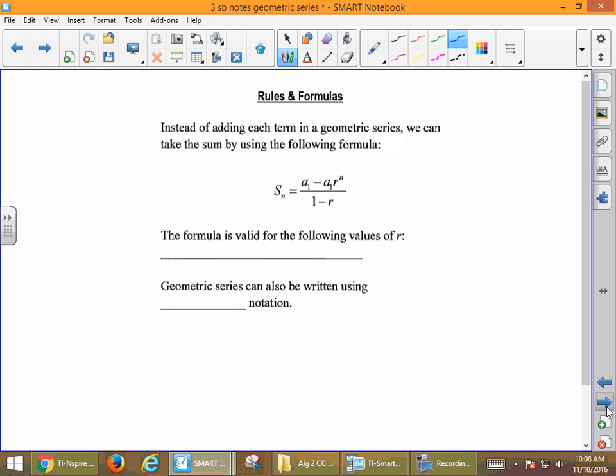But you need to know in this particular case that S sub n means the sum of the terms in the geometric series. And on this particular formula, the formula is valid as long as r doesn't equal 1. 1 minus 1 would be 0 in the denominator, and we can't figure out what the fraction value is when 0 is in the denominator.